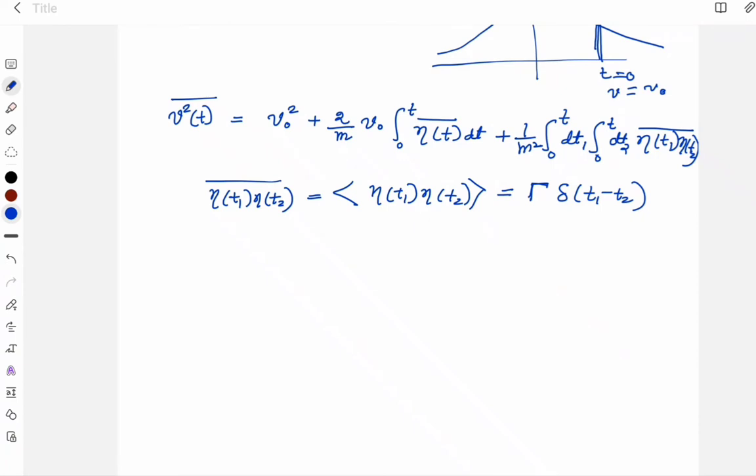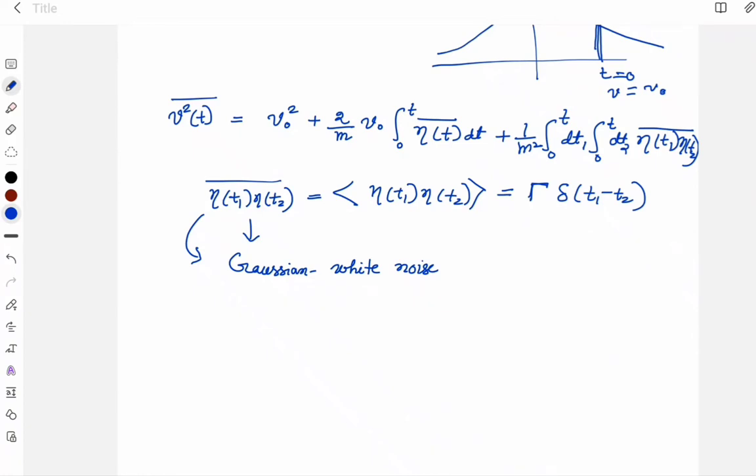These are totally random, independent random variables, so their distribution will also be a Gaussian distribution, and this kind of noise is known as Gaussian white noise.